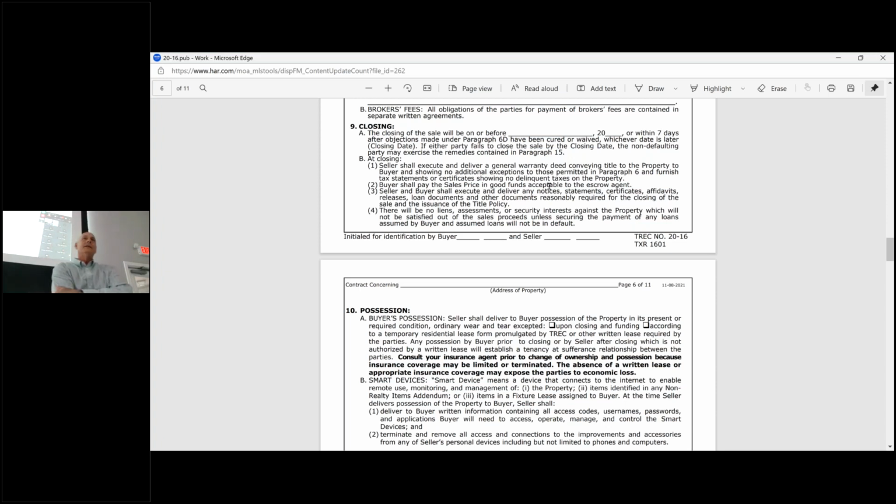What's the second remedy? Sue. We're going to sue you for what? Specific performance. You said you were going to sell us this house, doggone it, you're going to sell us this house. And if you're not going to do it willingly, we're going to get a judge to order you to do it. Okay? Those are the remedies in paragraph 15. We can claim the earnest money or we can sue you. Make you do what the contract says.